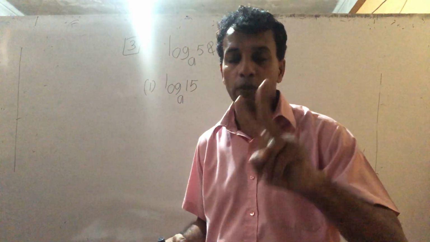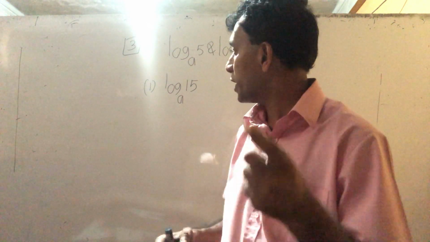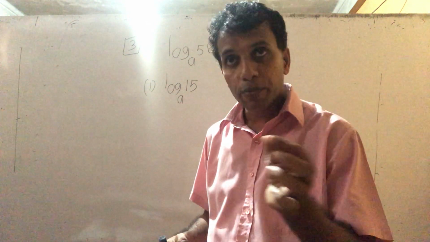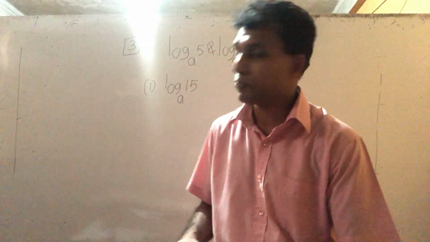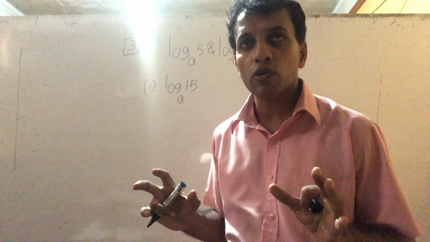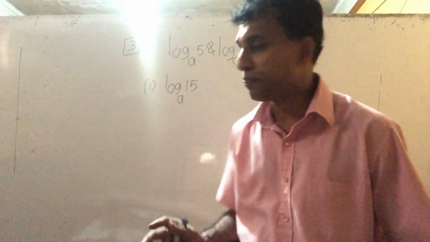Go through rule number 2 and rule number 1 we learned. Bases are same, addition comes multiply and subtract comes divide. So we use the other side of this rule. How is 15? 5 times 3, or 3 times 5.